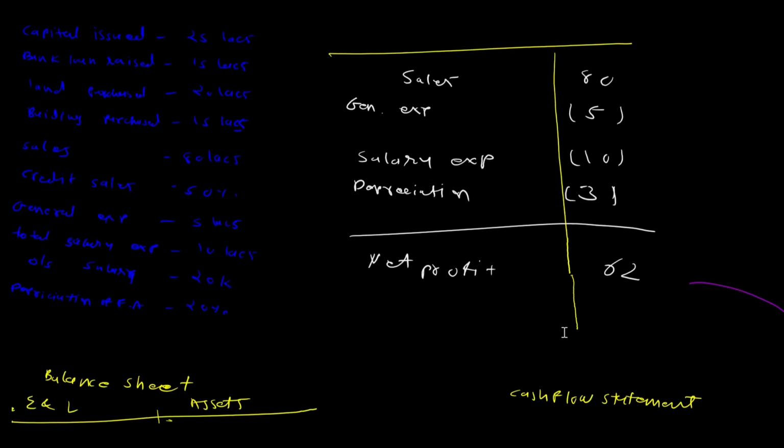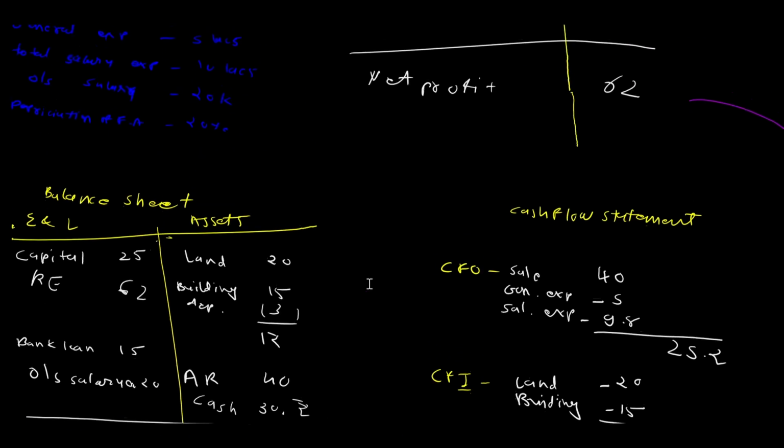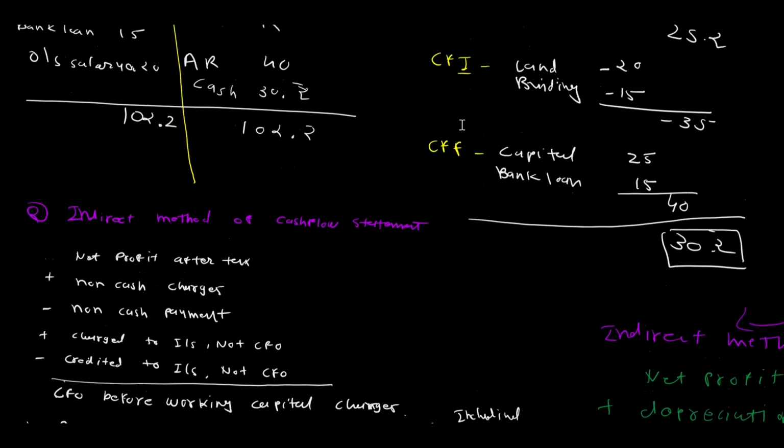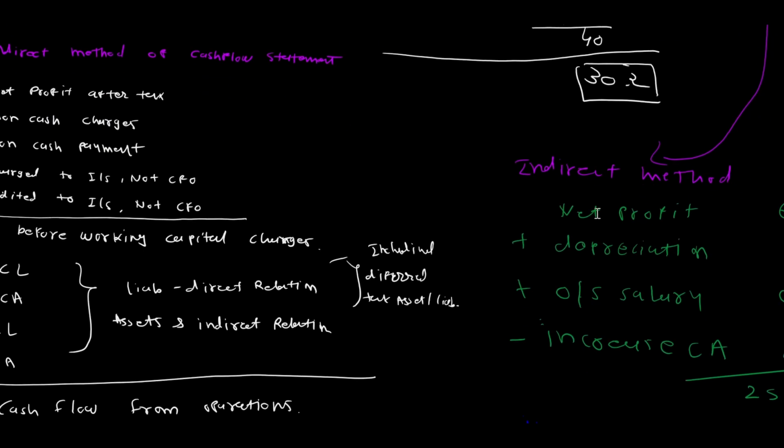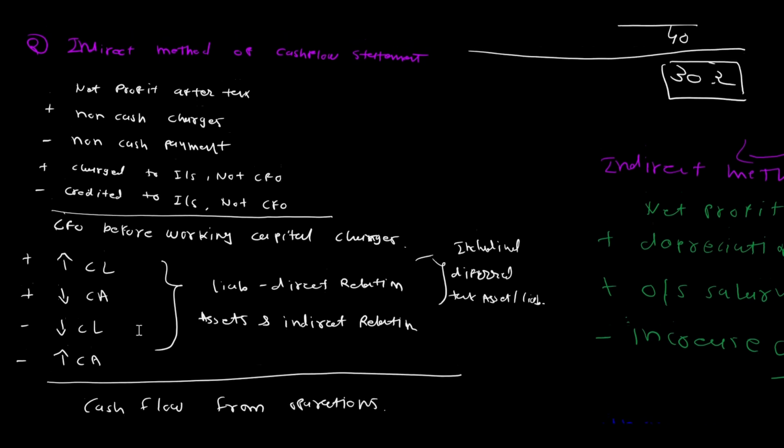In the indirect method, what analysts do is they take the net profit and then deduct and include some parts of the transactions. So here is a brief summary: net profit plus non-cash charges minus non-cash payments, plus the movement of current assets and liabilities.